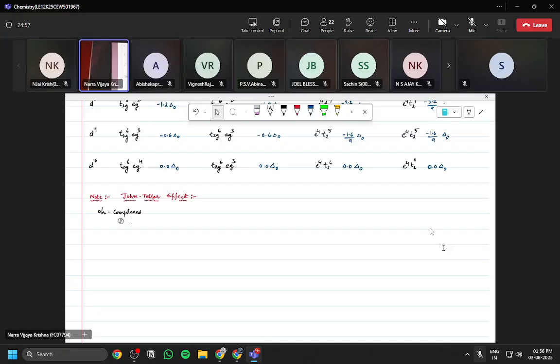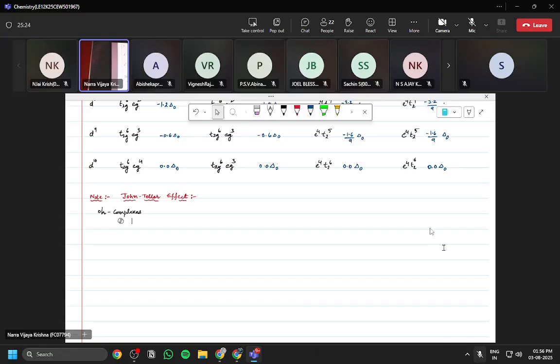That's why the degeneracy of the orbitals is lost, and it will be split into T2g and Eg. Now, when I am filling electrons, if electrons are not filled equally, then also the orbitals are not degenerate, and degeneracy should be lost.